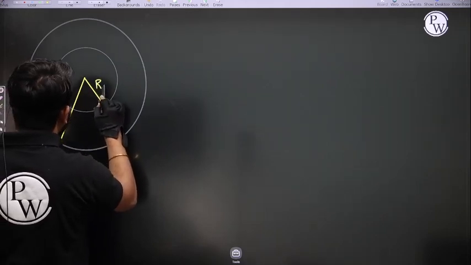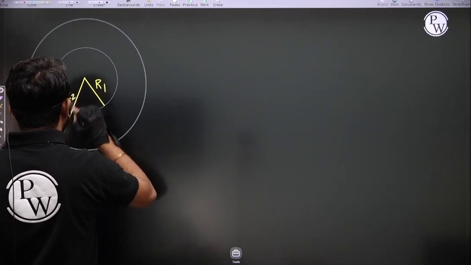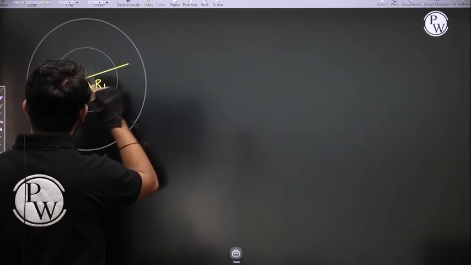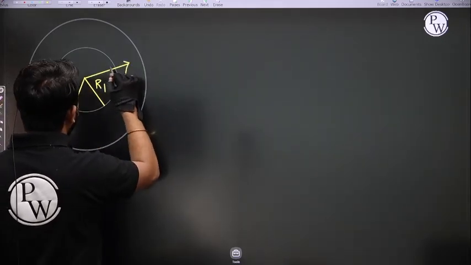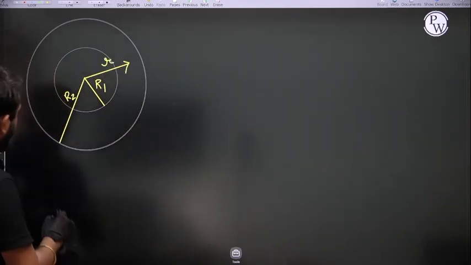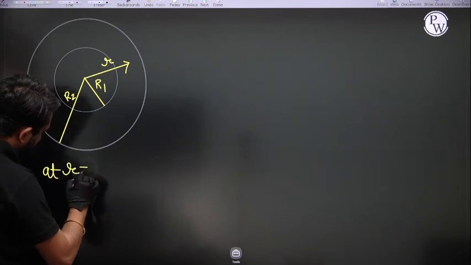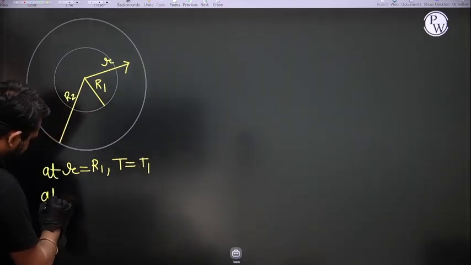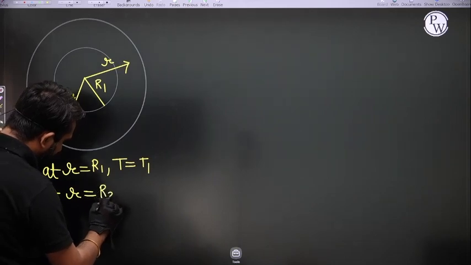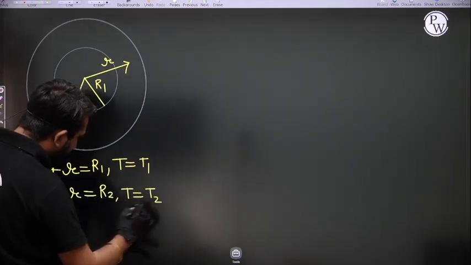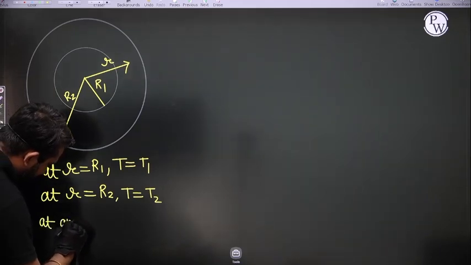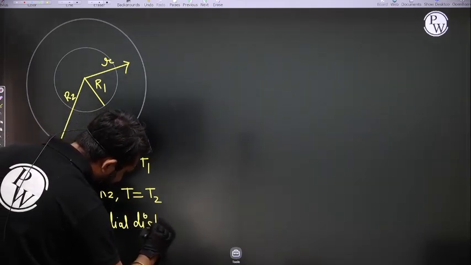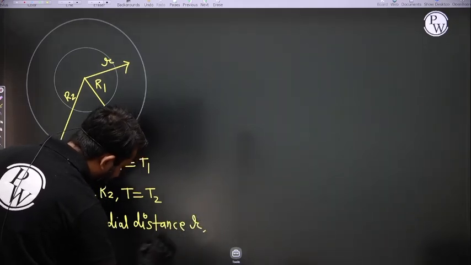And at any radial distance R, the temperature is T. And I am assuming that at R is equal to R1, T is equal to T1. At R is equal to R2, T is equal to T2.